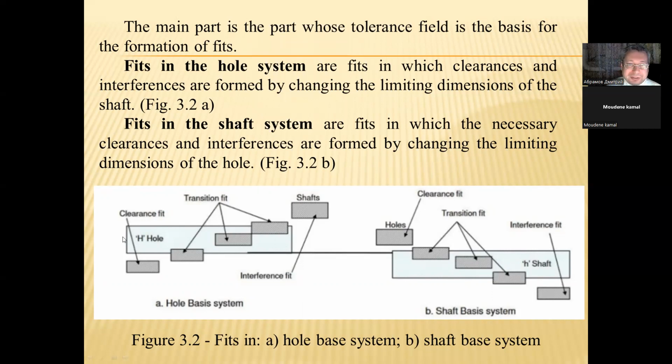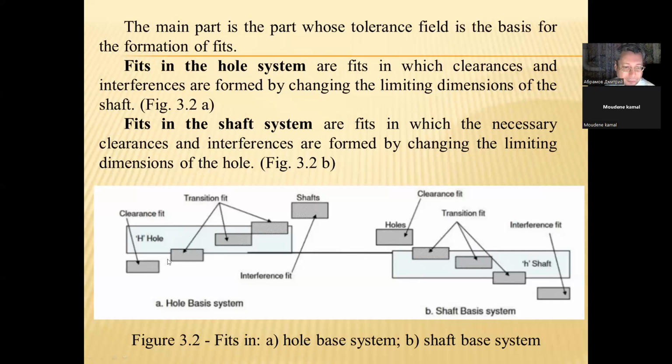Fits in the hole system are fits in which clearances and interferences are formed by changing the limiting dimension of the shaft. The tolerance field of the hole is constant, and we change the location and limiting dimension of the shaft.